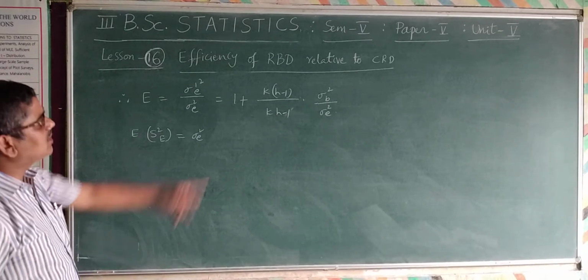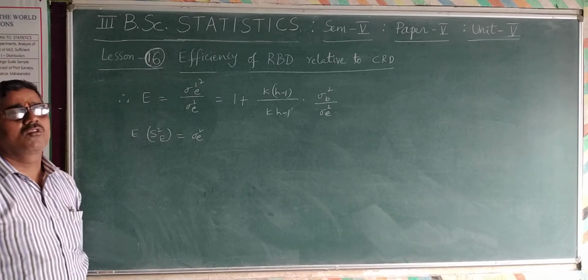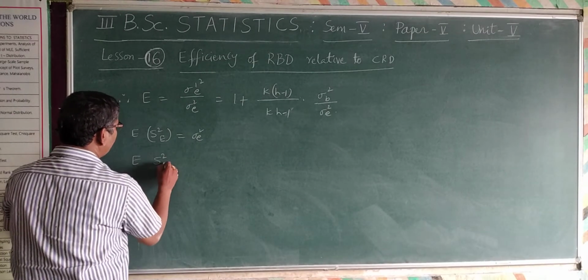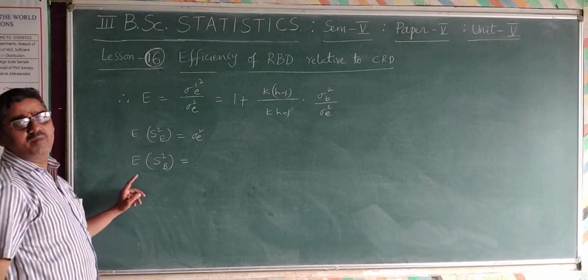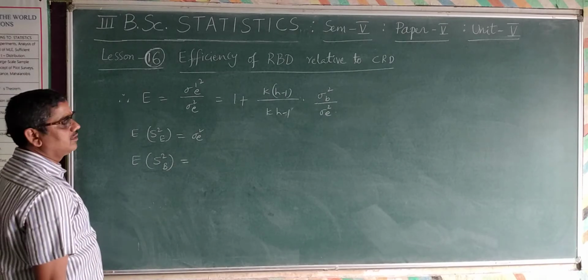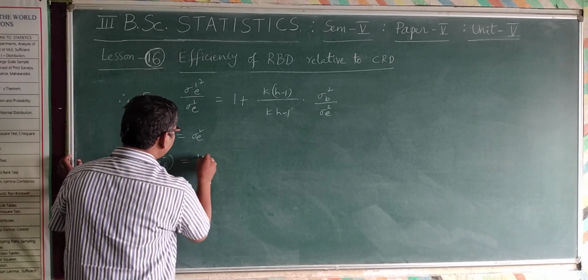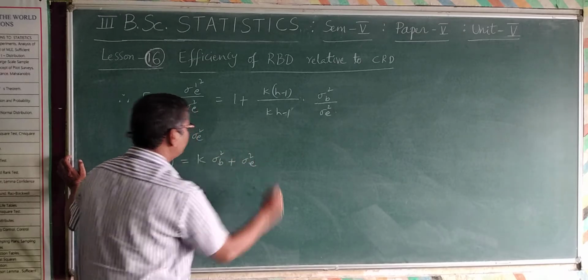And for sigma square b, it is required to calculate the expectation of s square b, which is equivalent to the mean sum of squares due to blocks, which will be k into sigma square b plus sigma square e.